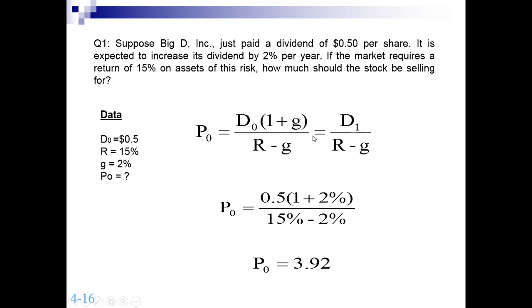So in question, it is possible that sometimes you will find D naught given, then you can go with the help of this technique. But if the question is not providing you D naught, and is providing you D1, then you can directly apply this formula to solve the question.